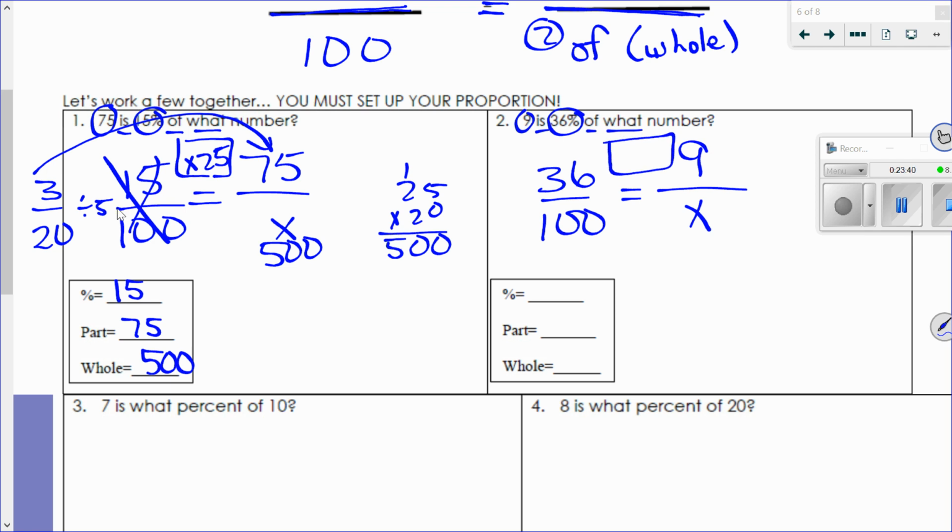Yes. Divide by 4. So 100 divided by 4 gives me 25. Ironically, guys, if you step back, you're probably going to divide either by 2 or 4. Hopefully at 18 and 50 you guys would see it if you didn't see it at 36 and 9. Because actually 9 times 4 is 36. Right. So what's my percent? 36. What was my part? 9. What was my whole? 25.